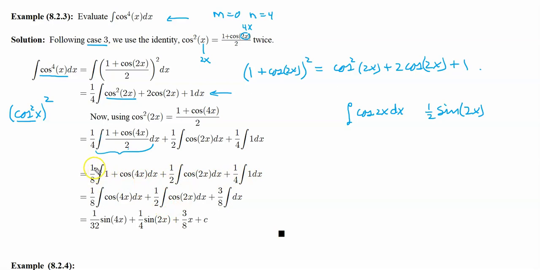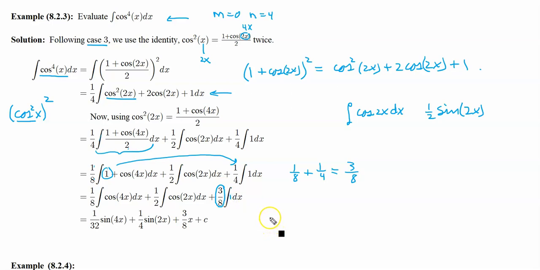What we have is 1/8 times 1, which is 1/8. Add that to the 1/4 times 1. So 1/8 plus 1/4 is 3/8. That's where this 3/8 comes from, times 1 dx.